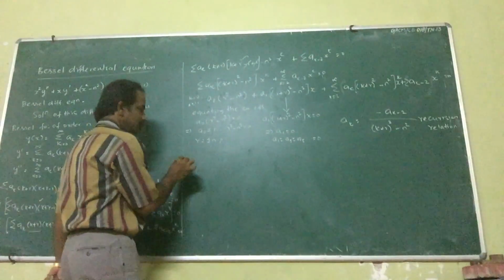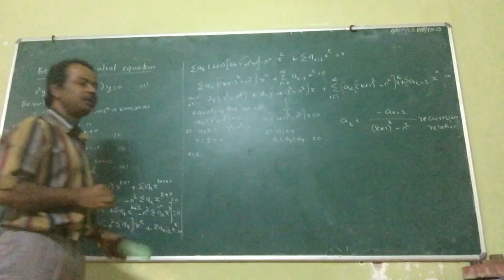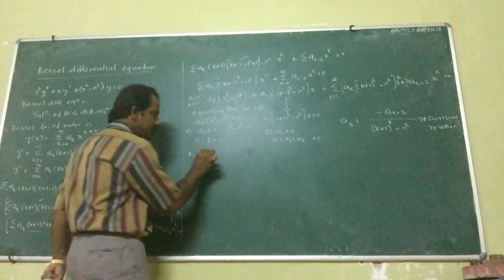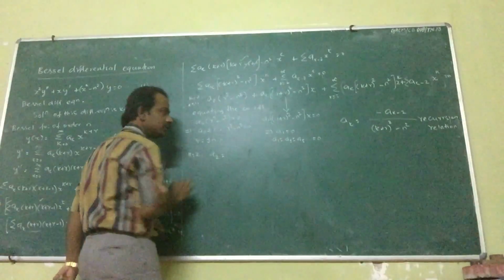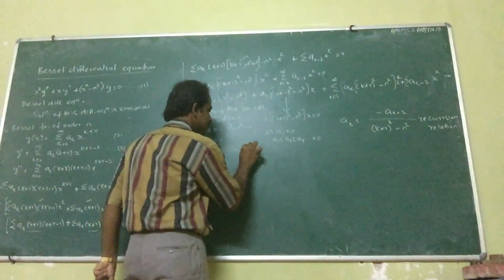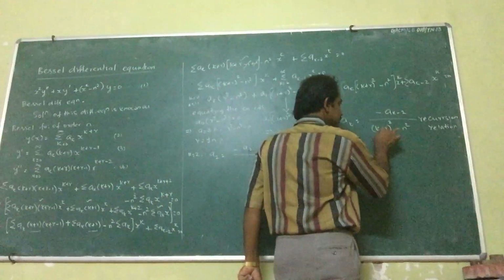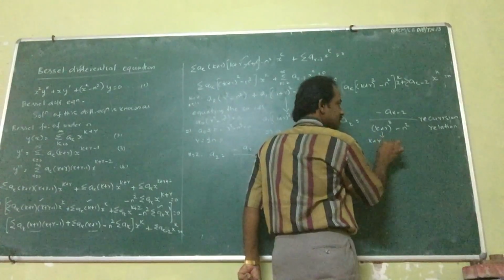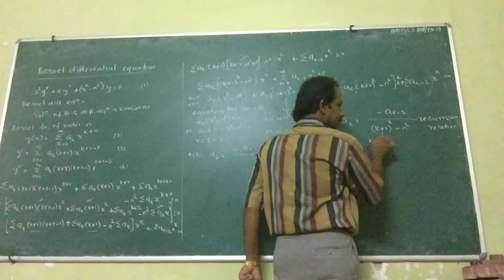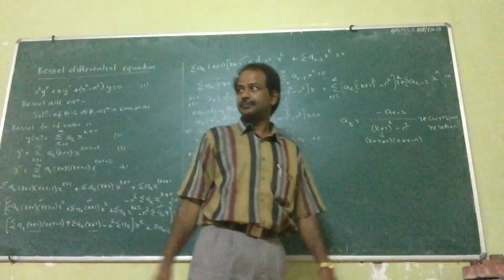Substitute now k equal to 2. If k equal to 2, a_k becomes a_2 equal to minus a_0 divided by, so I can write this as (k plus r plus n)(k plus r), correct?